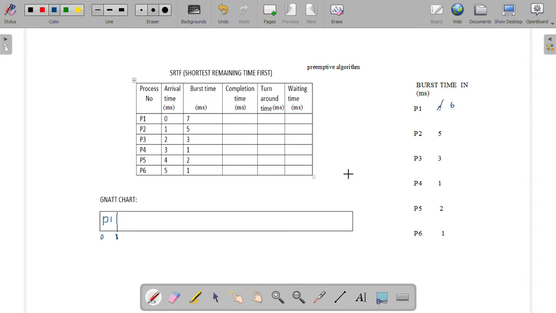Process P2 has the least burst time, so P2 will be scheduled for 1 to 2 milliseconds. The burst time for P2 will now be 4 milliseconds.